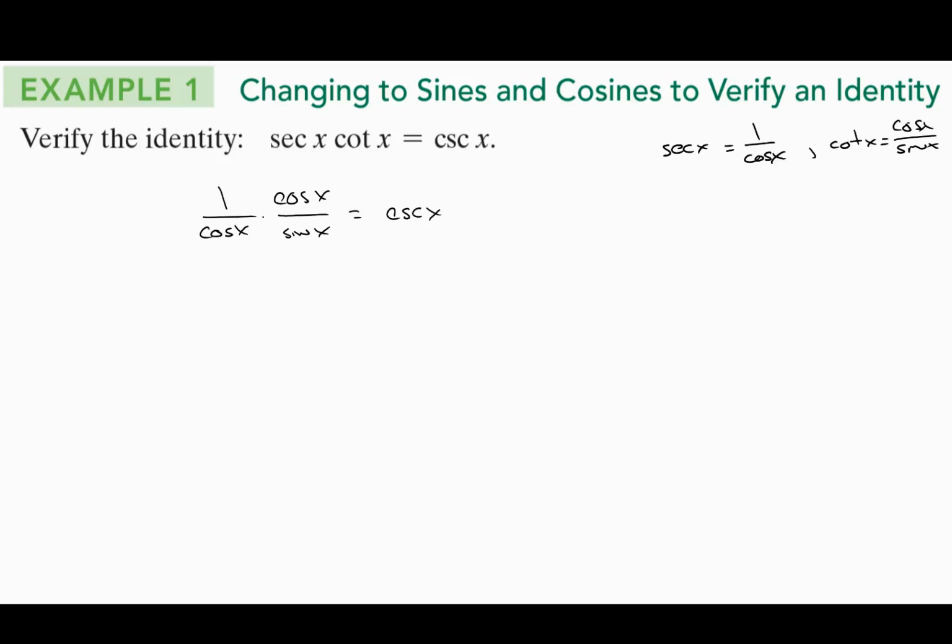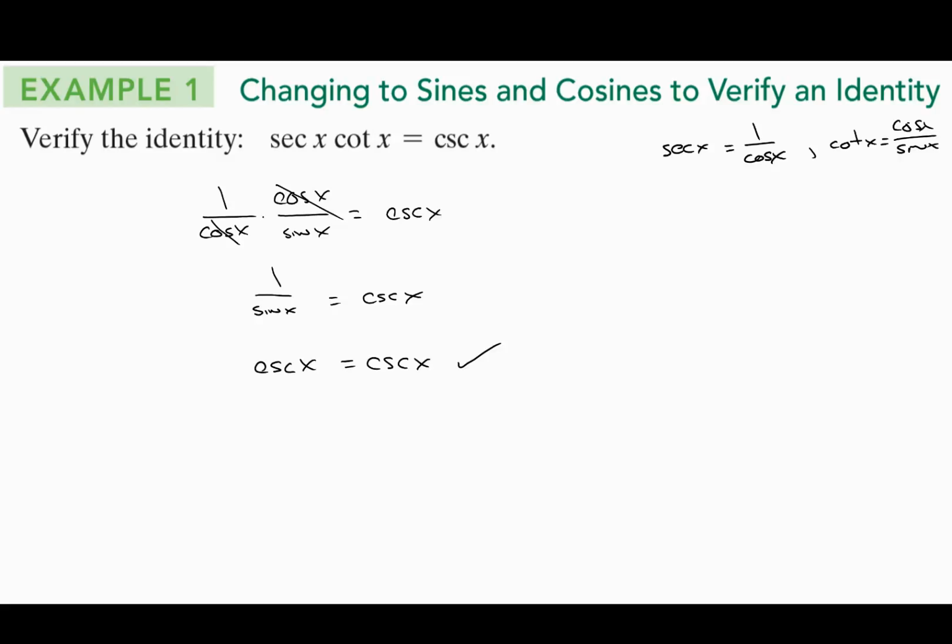Now that we have similar terms like cosine and we have multiplication, right? So we have this fraction times this fraction, we can now cancel those out. So 1 over the sine is equal to the cosecant, and the definition of cosecant is 1 over the sine.